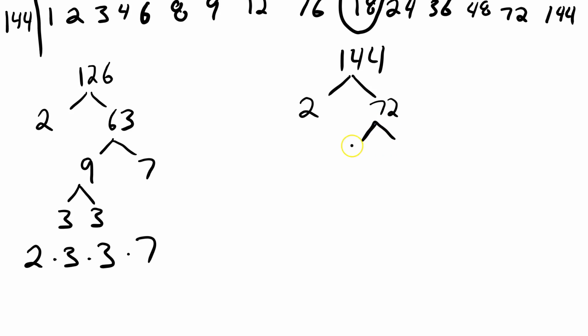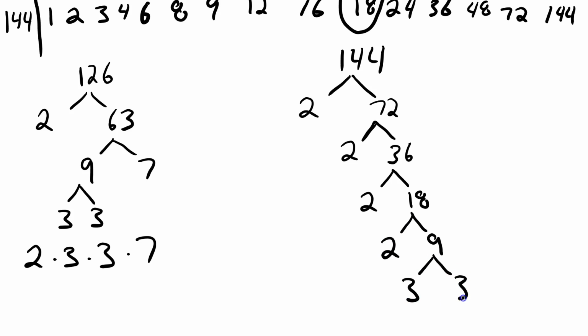Another small one is 2 and 36. 36, let's try 2 and 18. 18, we know we can go to 2 and 9. And 9, we can go to 3 and 3. So we got primes as 2's and 3's. And again, it doesn't matter which two numbers you use to multiply into 72, you will get the same answer in the end.